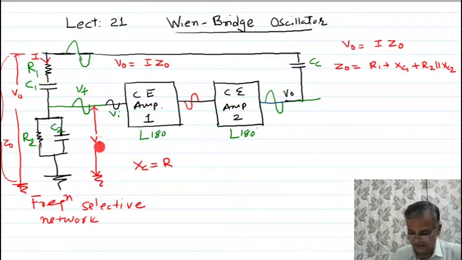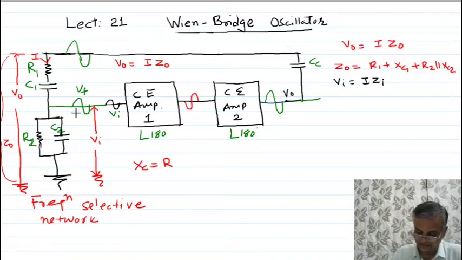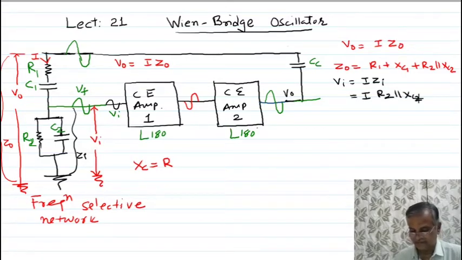What is VI? In a similar way, VI is nothing but the current multiplied by ZI. This is your ZI. So I can write it is the current multiplied by the parallel combination of this. Now let us find the gain from these two equations and we'll get the frequency of oscillation.